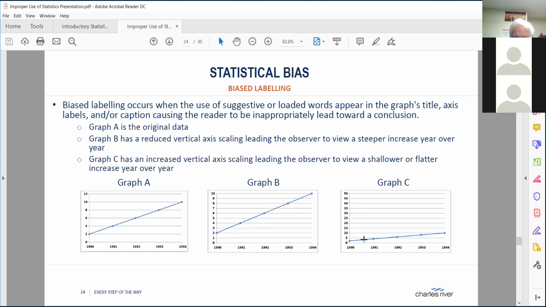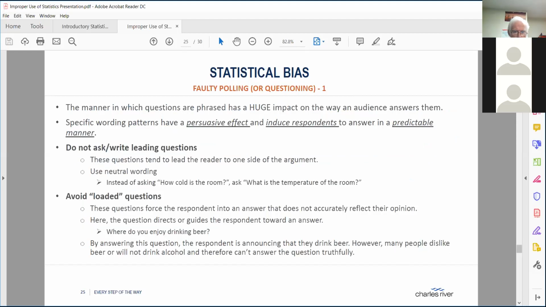And graph C uses, again, the same data, but we have a very expanded y-axis here. So this makes the data look much flatter. So it, again, depends on what we're trying to say. Faulty polling, loaded questions, leading questions.